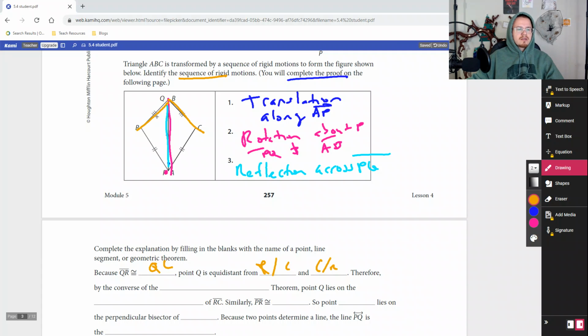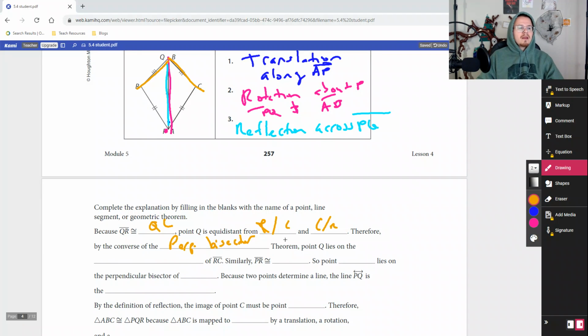Therefore, by the converse of the perpendicular bisector theorem, notice how this book tends to build all these things, point Q lies on the perpendicular bisector. So point Q is on the perpendicular bisector.